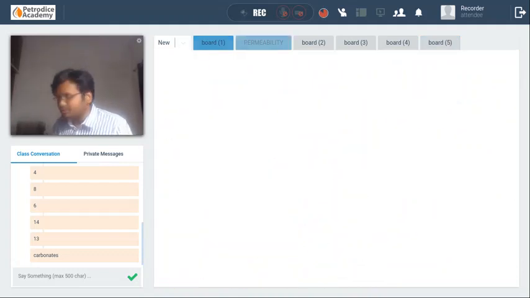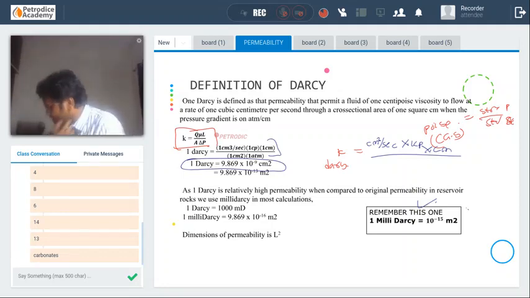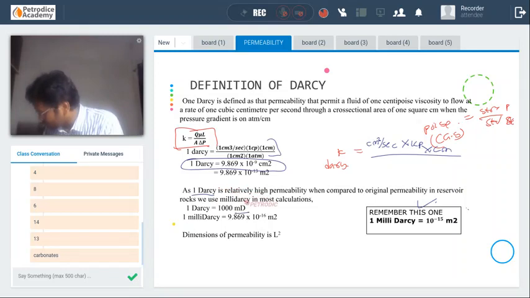So 1 Darcy is equal to 10 to the power minus 8 centimeter square. If you convert it to meter square, we get 10 to the power minus 12. Because 1 Darcy is a very high permeability when compared with normal reservoirs, in the majority of calculations we use millidarcy.